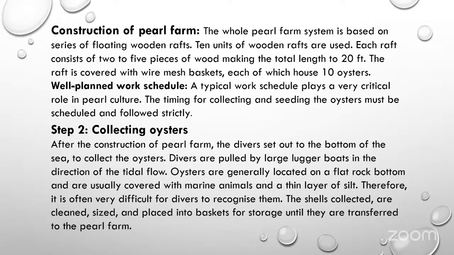The oysters are generally located on a flat rock bottom and are usually covered with marine animals and a thin layer of silt. Therefore, it is often very difficult for divers to recognize them. The shells collected are cleaned, sized, and placed into baskets for storage until they are transferred to the pearl farm.